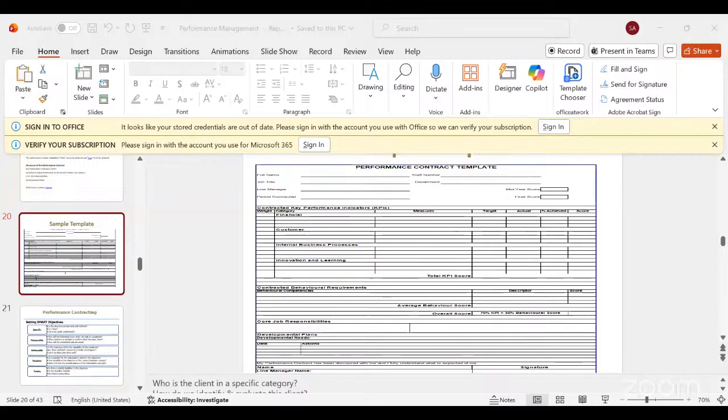So we have specific dates and actions that the employee is required to undertake to be able to meet those development needs. And of course, you realize that the performance contract ends with the endorsement of both the employee and the line manager.